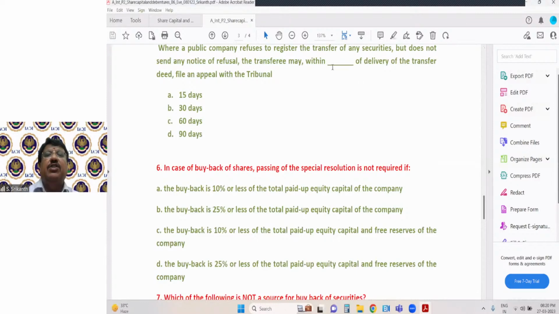Where a public company refuses to register transfer of any securities but does not send any notice of refusal, the transferee may, within how many days, apply and appeal with the tribunal? 60 days of delivery of the transfer deed. Is that correct?